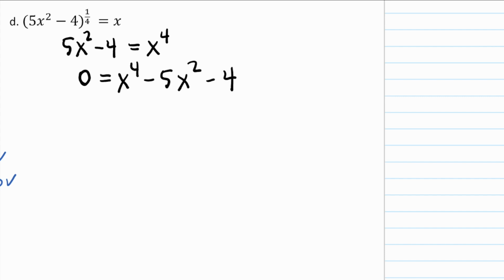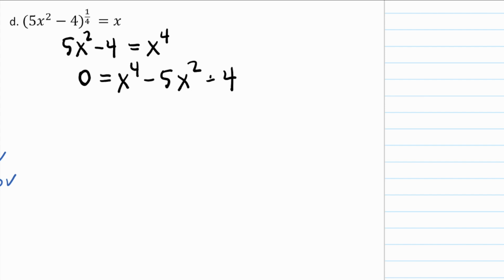Oh yes, great. So I've got a 4th degree polynomial. I should be expecting 4 solutions, and I think I can factor this. Did I do that right? Yeah, okay, that was a group and factor one. So I'm thinking of two numbers that multiply to -4 and add to -5, and I think that would be... wait a second.